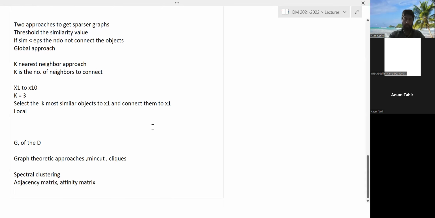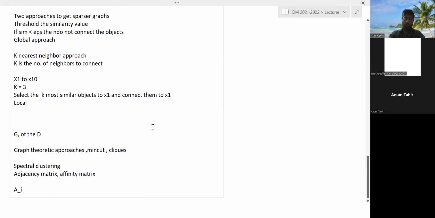So for example, Aij would be 1 if xi and xj are connected, which means that, of course, similarity(xi, xj) is equal to 1, maximum similarity.